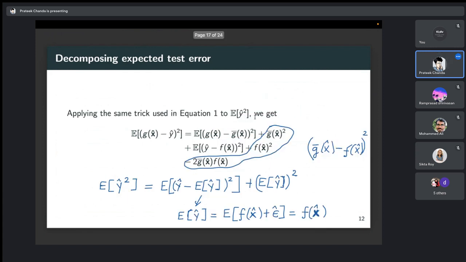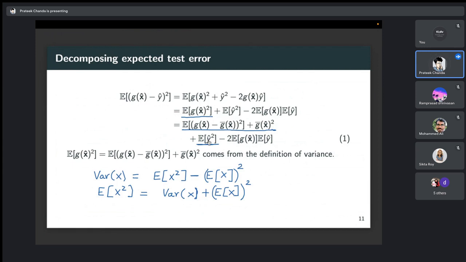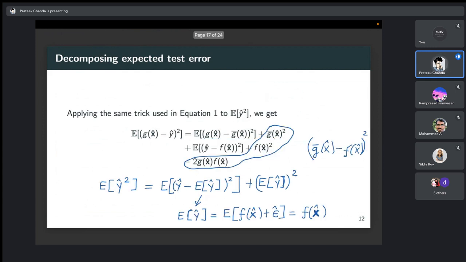Now what we had was the expectation of y hat whole squared minus 2 times the expectation of g of x hat times y hat. For this expectation of y hat whole squared, we again do the same thing. We apply the same trick using equation 1.